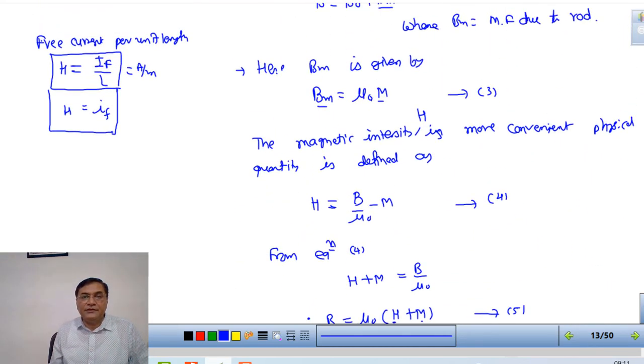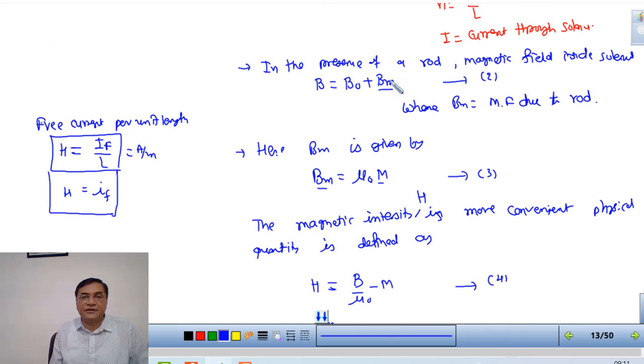Now look at here, the part that is not discussed in the text. B0 we said here is mu 0 n i. B0 is equal to mu 0 n i, where I is this free current.